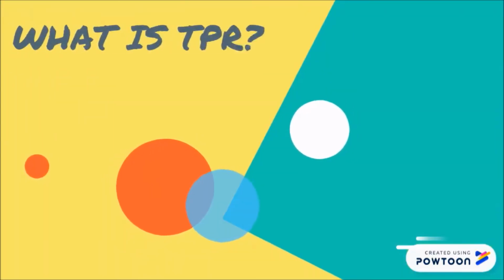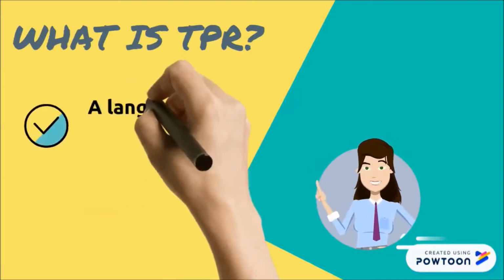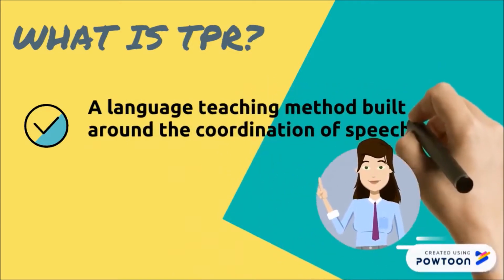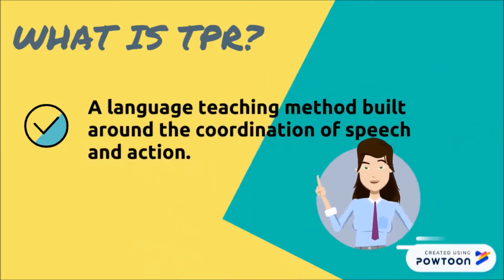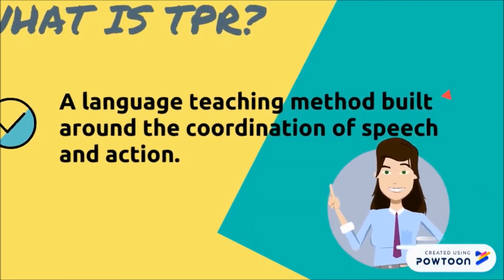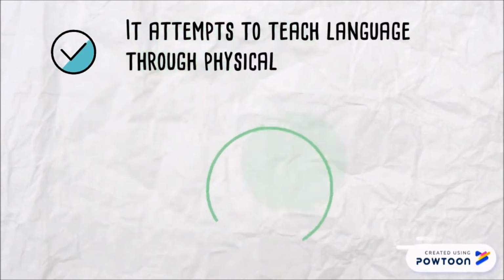What is total physical response? The total physical response is a language teaching method built around the coordination of speech and action. It attempts to teach language through physical motor activity.